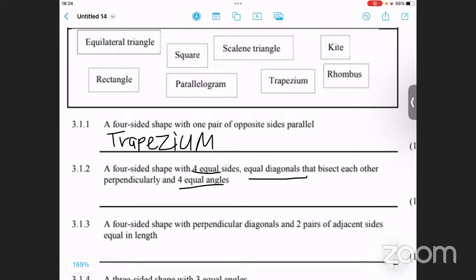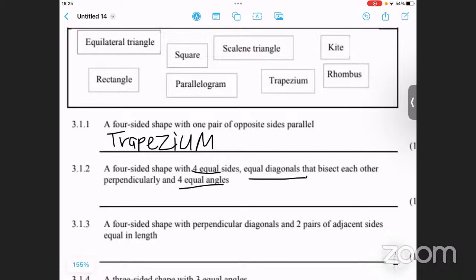Ma'am, I think it's a square. You think it's a what? I cannot hear you properly. Ma'am, I think it's a square. You think it's a square. And what makes you think that it is a square?